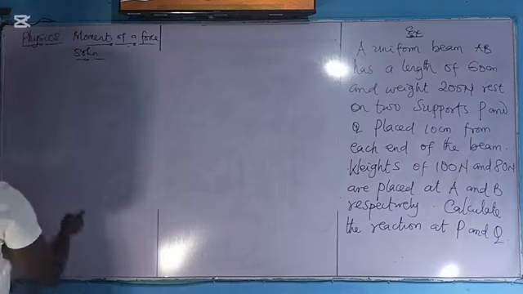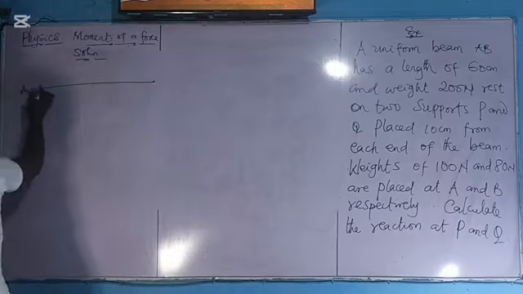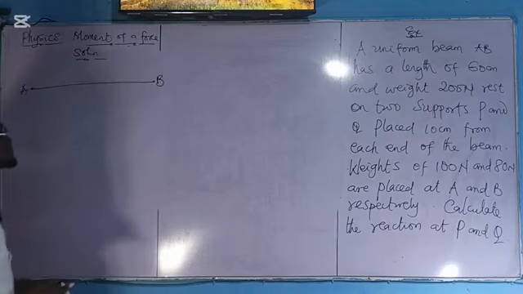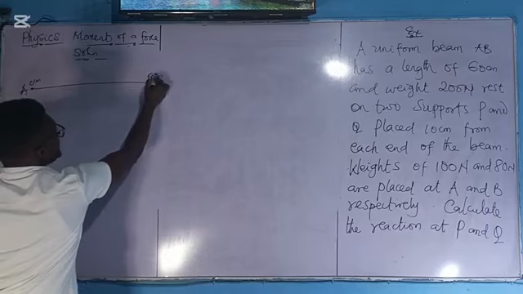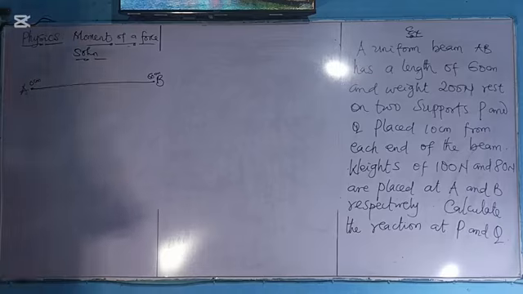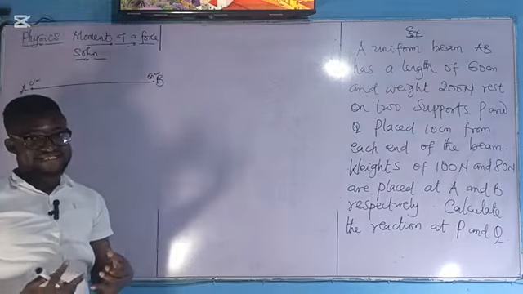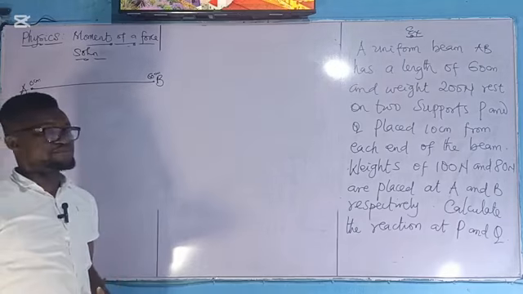a uniform beam AB. We have a uniform beam, point A and point B, has a length of 60 cm. So if you take the length starting from 0 cm to 60 cm, so the length is 60 cm, and it weighs 200 Newton. Now the weight of the body acts at the center. Reason is because the body is uniform.